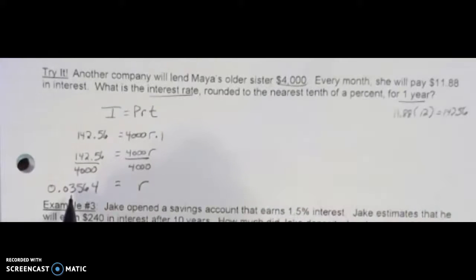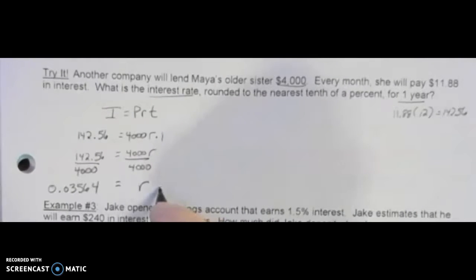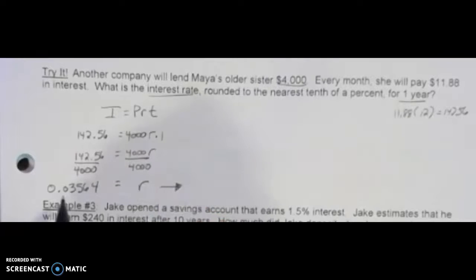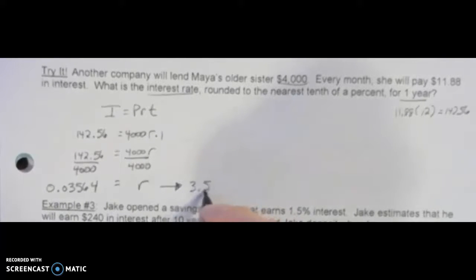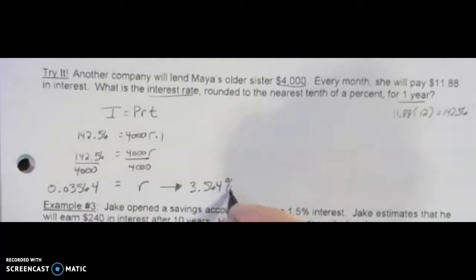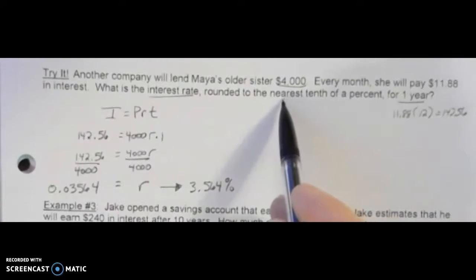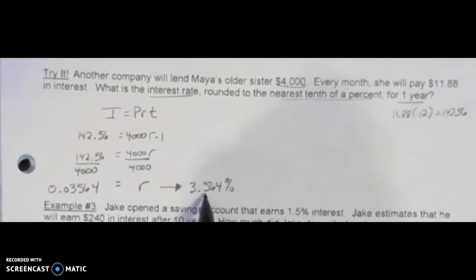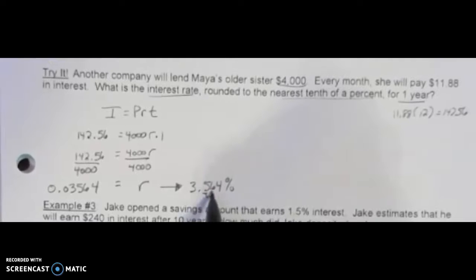So the first thing we're going to do is convert this into a percentage. So move the decimal twice to the right, once, twice. That's 3.564 percent. And now we'll go to the nearest tenth of a percent. So it looks like 5 tenths, but the hundredths place is enough to round us up. And so we'll say that this is about 3.6 percent.